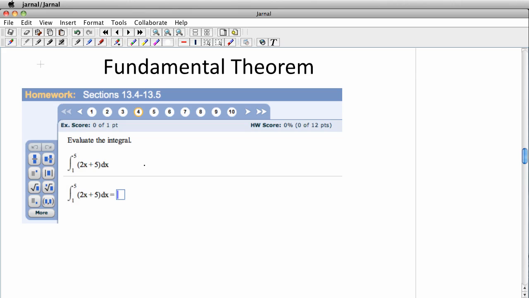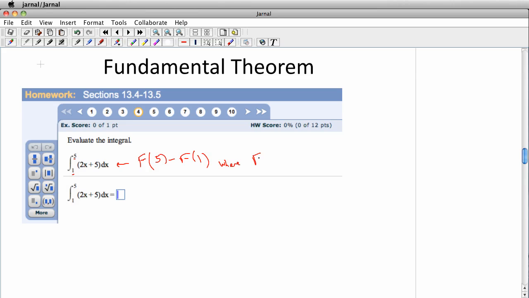It is the idea that if we have a definite integral to do, now this is only if we have an integral that represents an area problem, so it has numbers here, then the answer to this is going to be capital F of 5 minus capital F of 1. So the 5 and the 1 here are entering into the answer, but I need to tell you what capital F is.